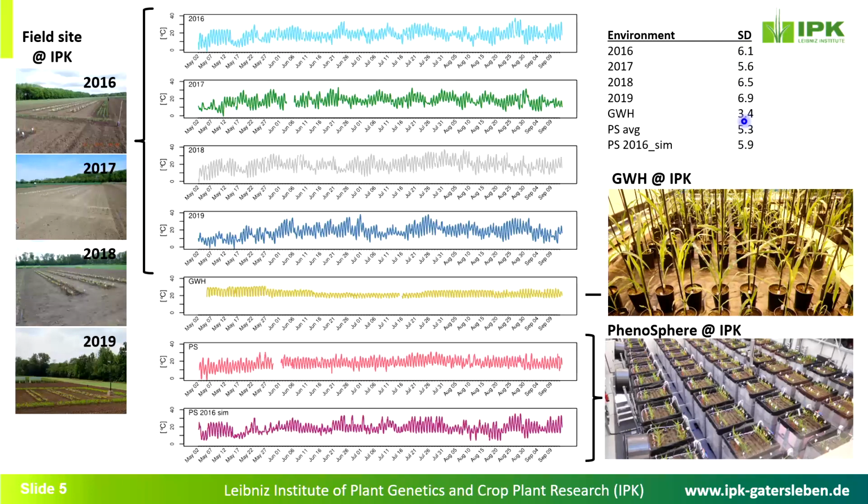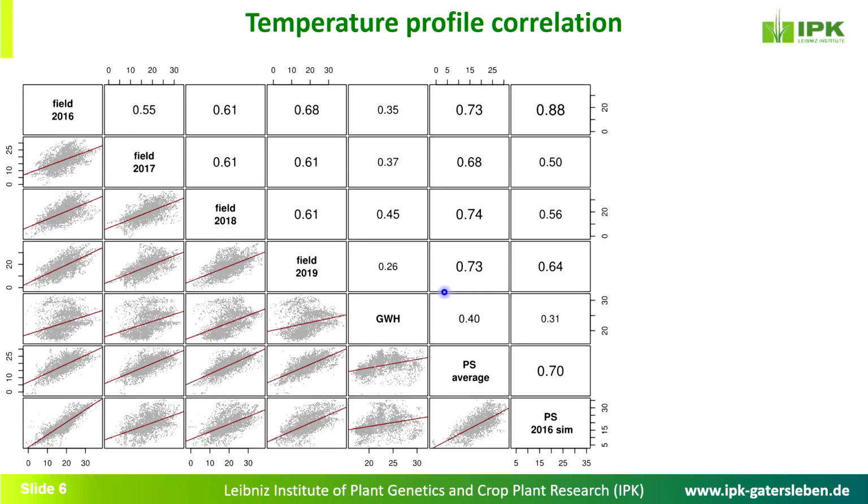The average climate is lower than its templates, and the greenhouse has the lowest standard deviation. As you can see, we basically have no pattern and a very low amplitude change over the course of the experiments.